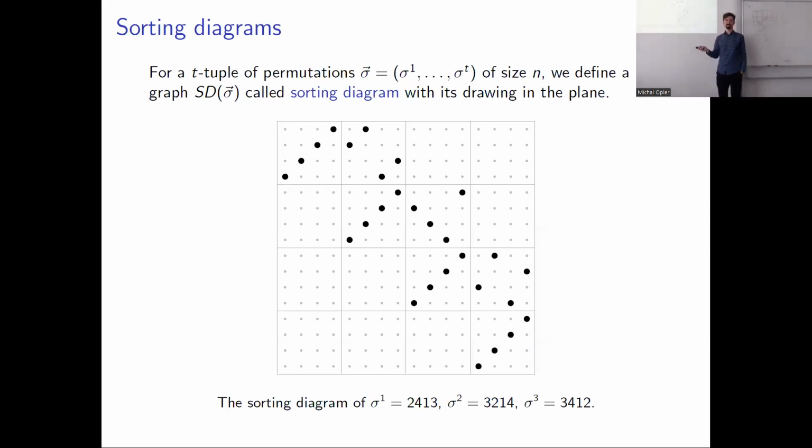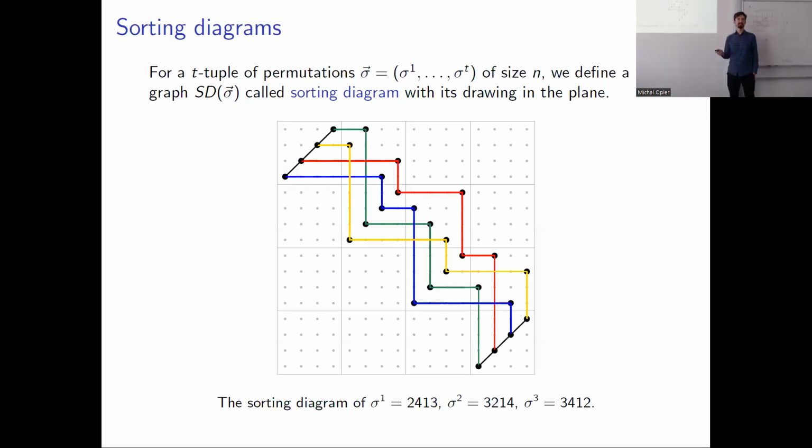So that's how I place the points in the plane. And then the edges, I connect every pair of points that shares the same x or y coordinate. And additionally, I connect by a path these points in the lower right and topmost left cells. So this is a graph I define for any t-tuple of permutations.